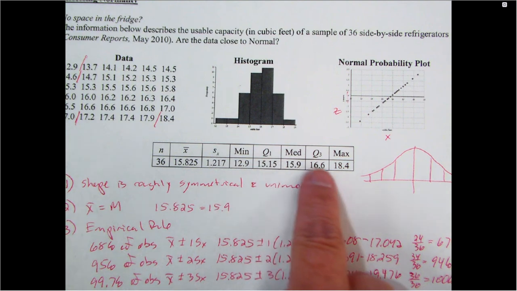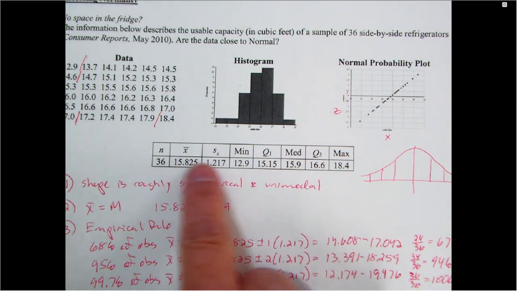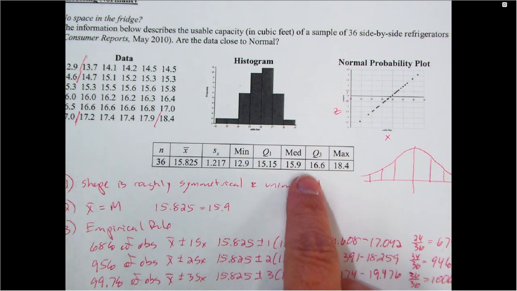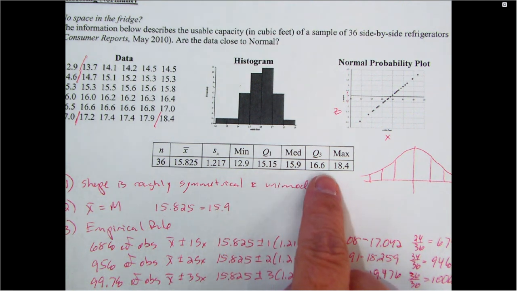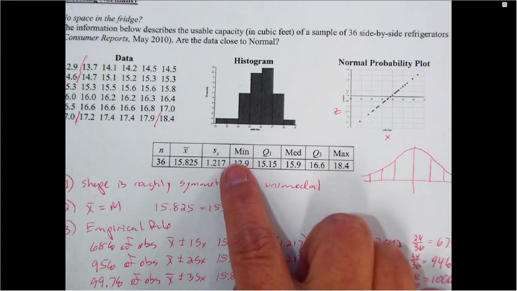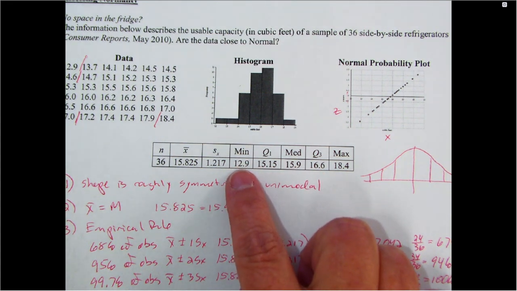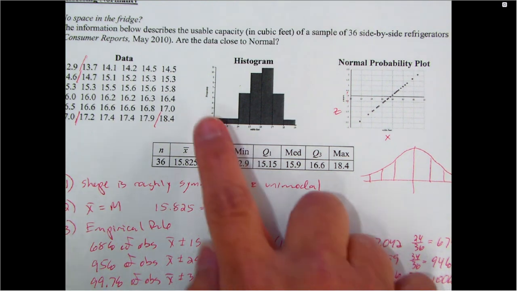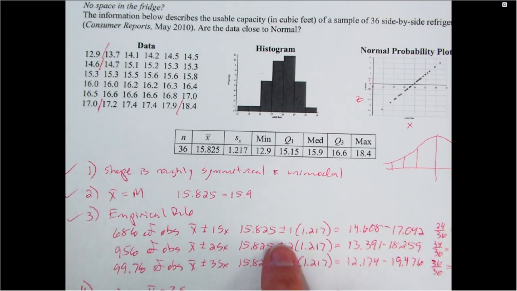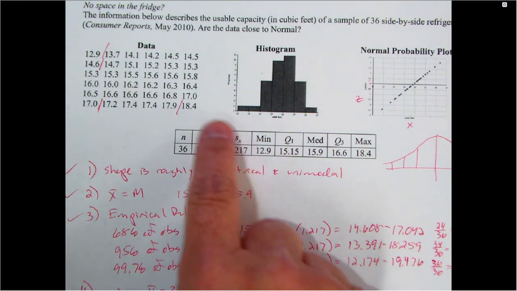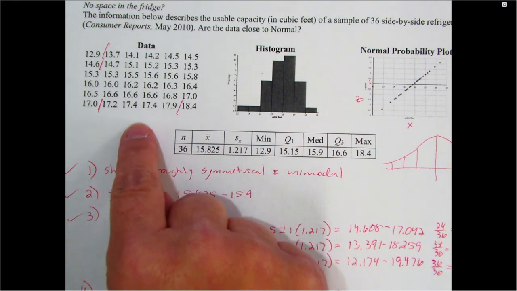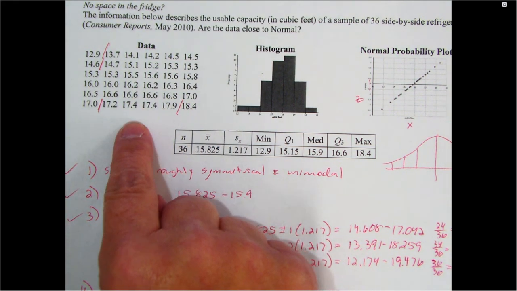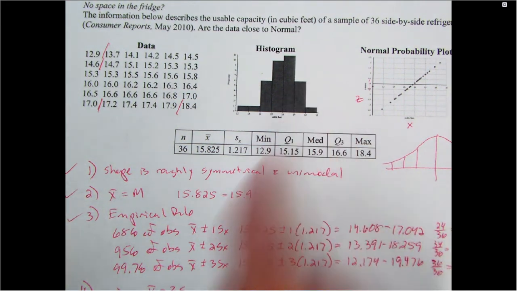If they gave you your numerical summary, you could match the mean and the median. You could check your quartiles against the 25th and the 75th percentiles. You could check your min and max against the 3 standard deviations above and below the mean. But that's it. Okay, you couldn't talk about shape or normal probability plot or the empirical rule. The only time you can do the empirical rule is when you actually have your data. Okay, and that probably doesn't happen a lot. Most of the time you're given graphs and a numerical summary.